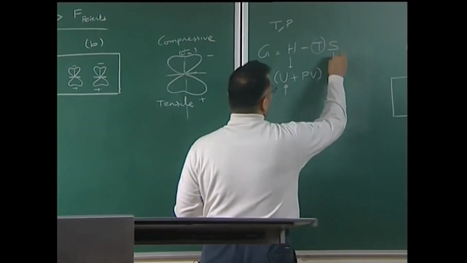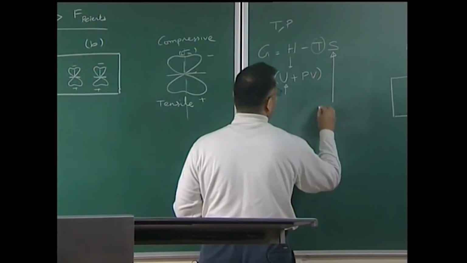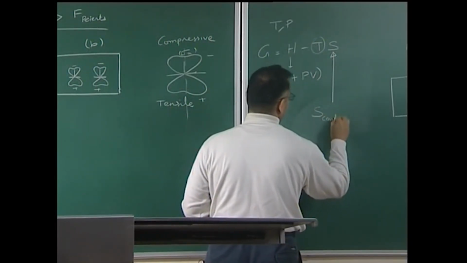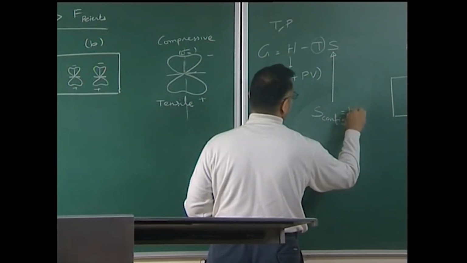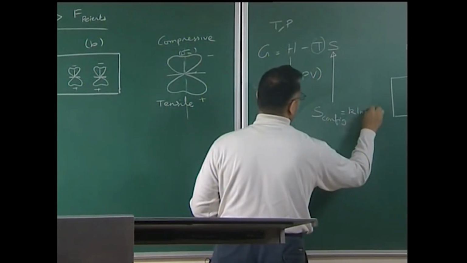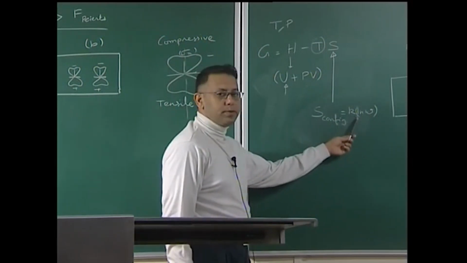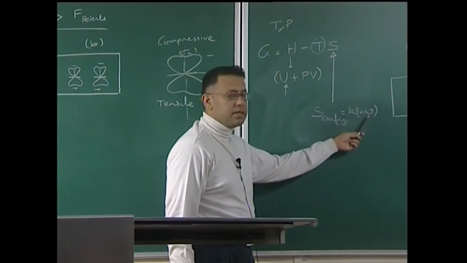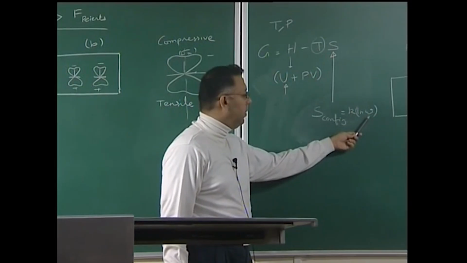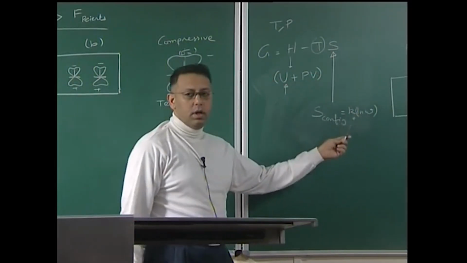the configurational entropy of the system given by S = k ln omega, the famous Boltzmann equation, in which omega is the number of configurations possible and k is the Boltzmann constant.